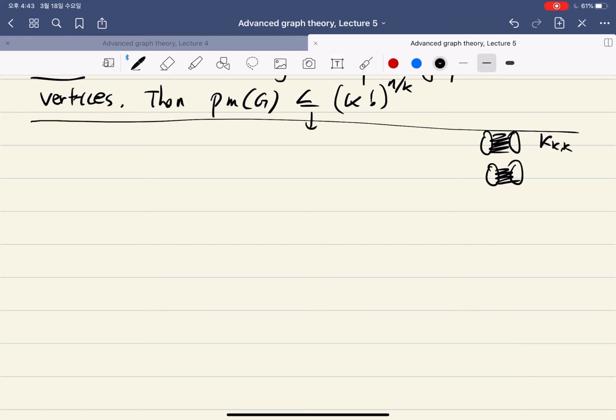And we can ask, what about non-bipartite graphs? For non-bipartite graphs, we can also define an adjacency matrix.